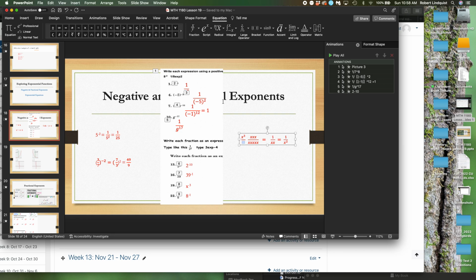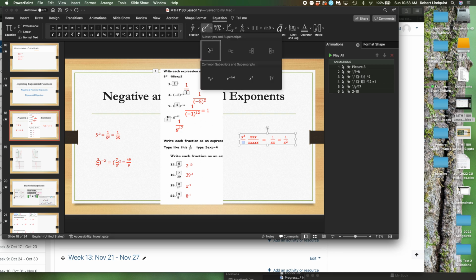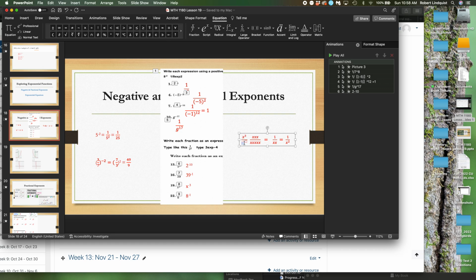And sometimes I forget to change one of the numbers, because these can be pretty time consuming.